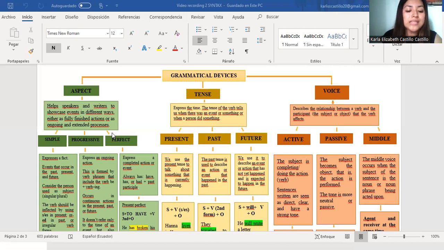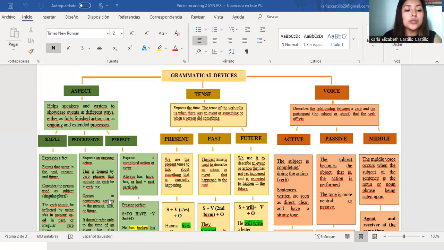Here, this aspect in English has 3 forms: simple, progressive, and perfect. Okay, now we review each one of them. First, we have the simple aspect that expresses a fact, events that occur in the past, present, and future.